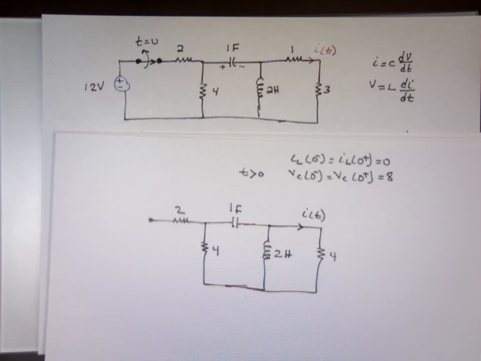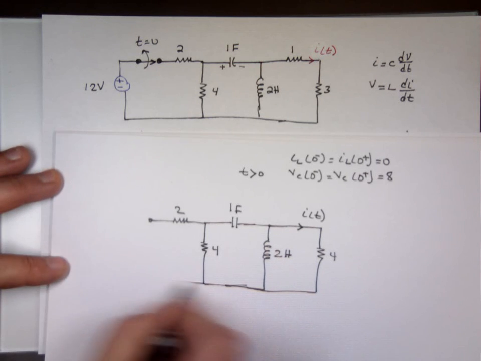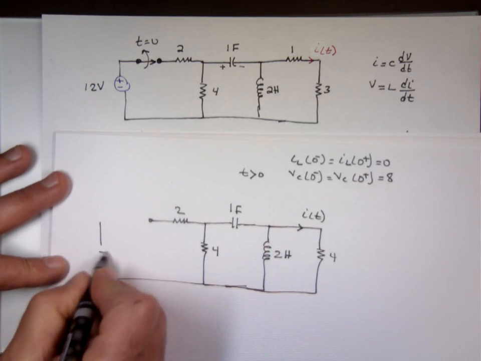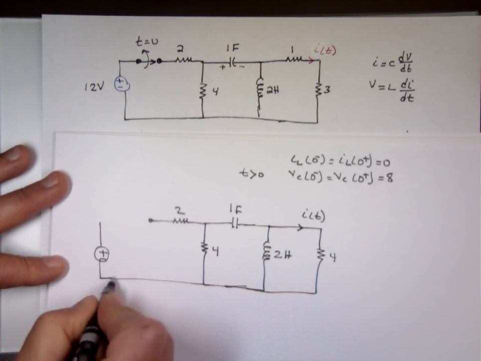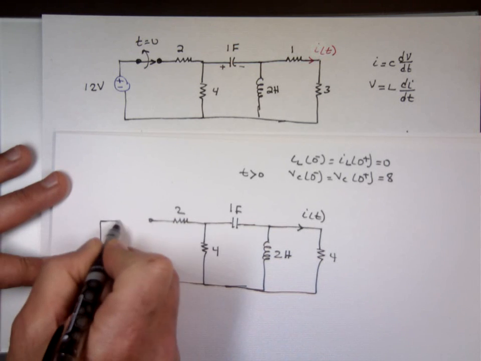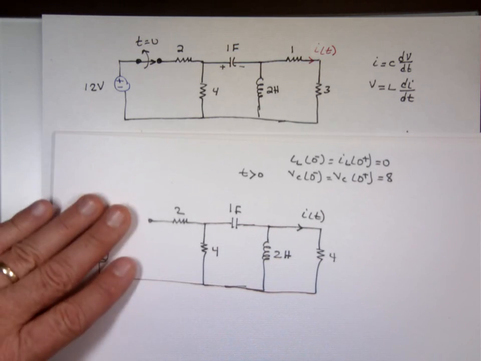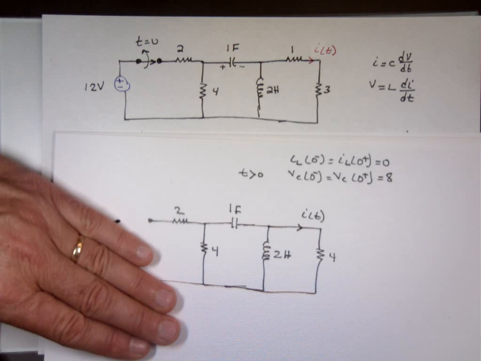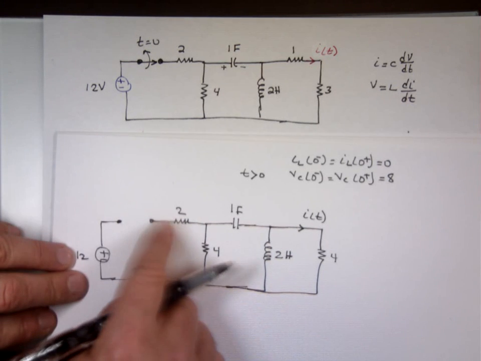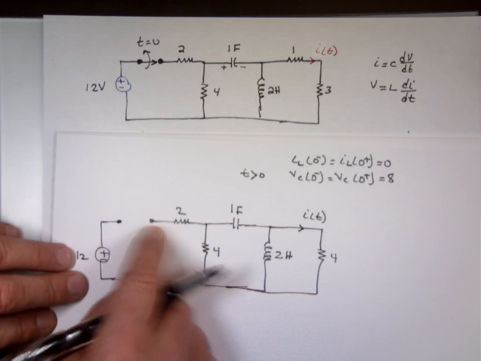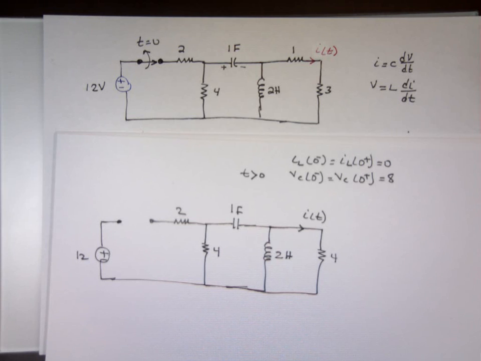Once you open it, this piece is gone. Nothing is attached there, so I can just delete all of this. Since no current is going to go through that because of the open circuit, I can even eliminate that 2 ohm resistor.